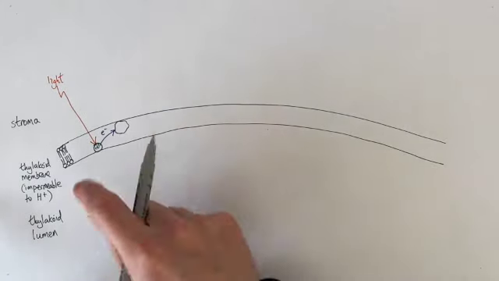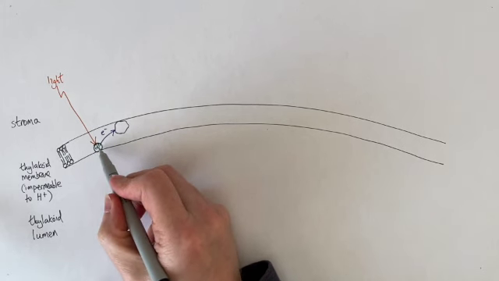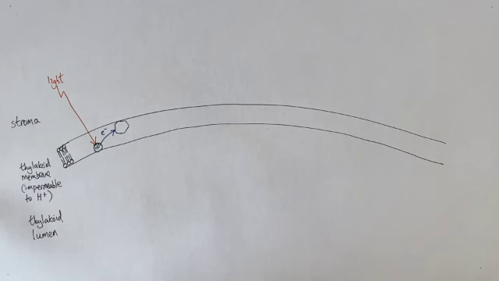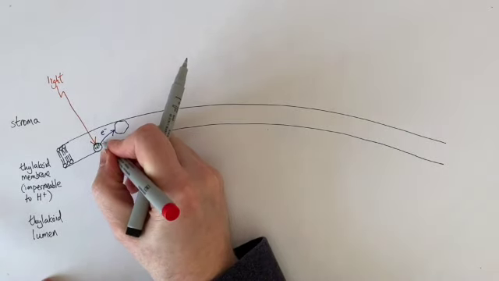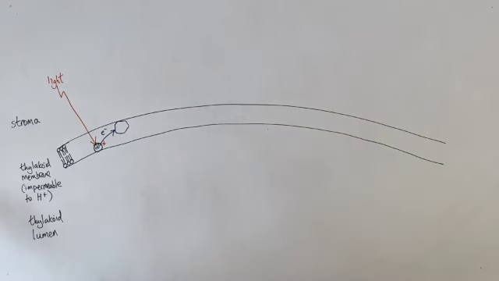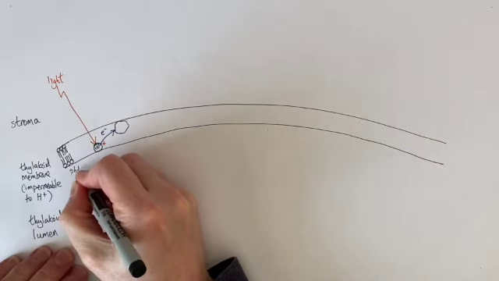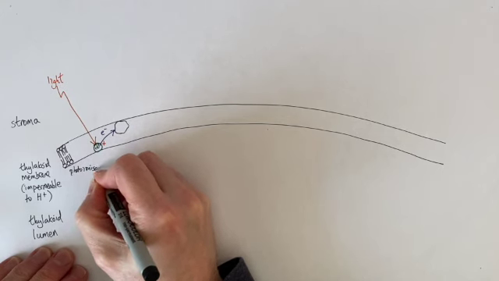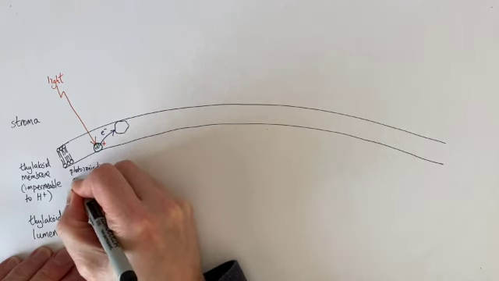Okay, and the electron moves from the chlorophyll molecule to that acceptor molecule. In doing so, it makes the chlorophyll molecule positively charged. And we call that process photoionization of chlorophyll.